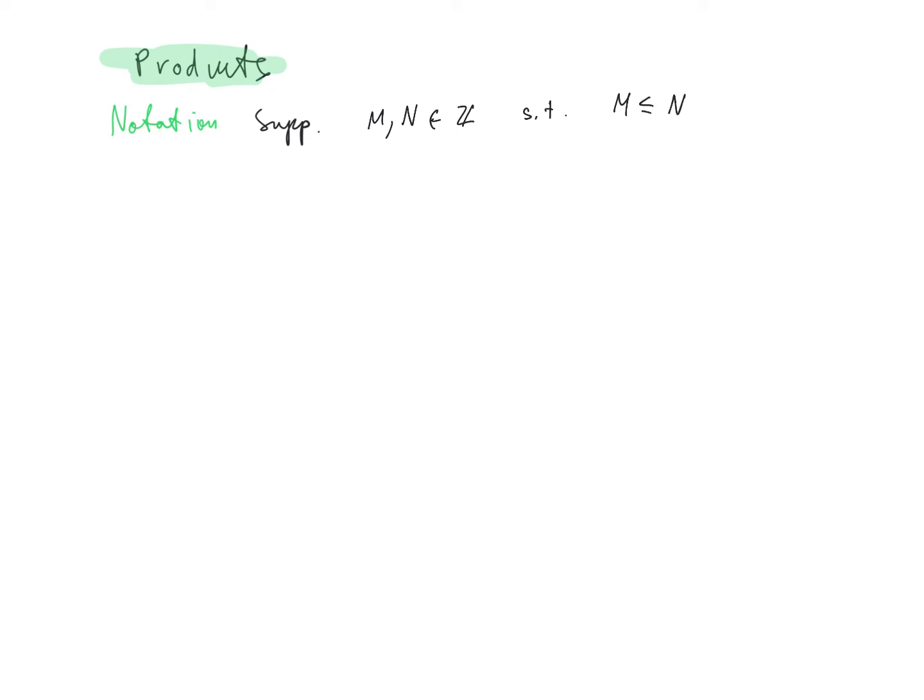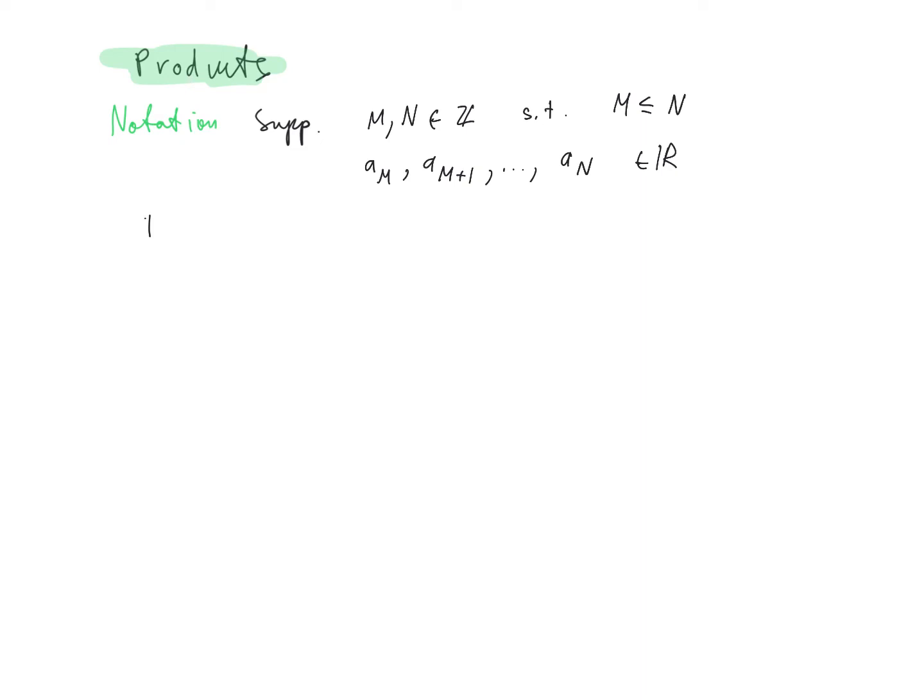And suppose that we're given real numbers, a starting with the index m, then a m plus 1, etc., up to an. So these are arbitrary real numbers, indexed by the integers in the corresponding interval between m and n.